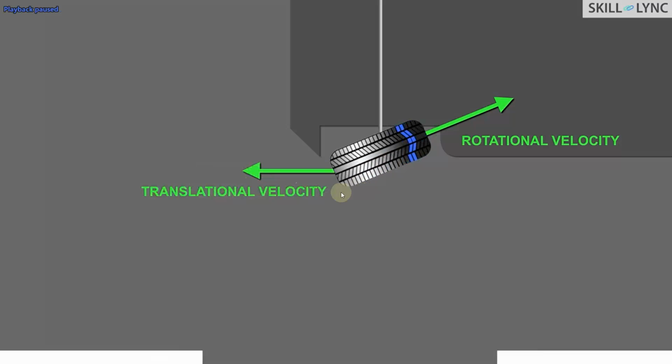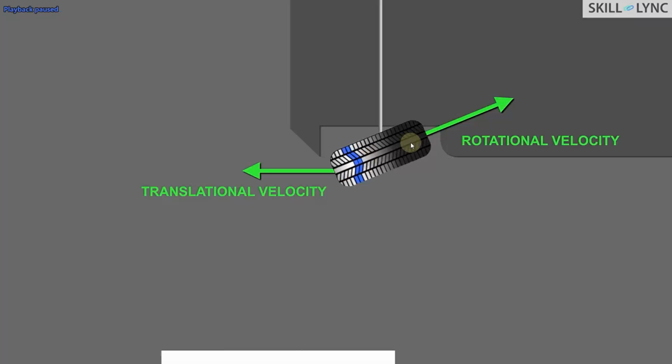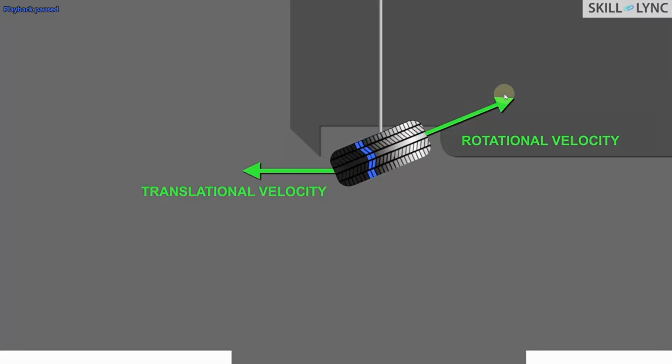You can see the vehicle is moving forward, so the translational velocity direction is this side and the rotational velocity is going perpendicular to the motion of the rotation of the tire. So in this case, the vehicle will move forward. That means even if the tire is turned, the vehicle will move forward. That means the vehicle will undergo slipping.